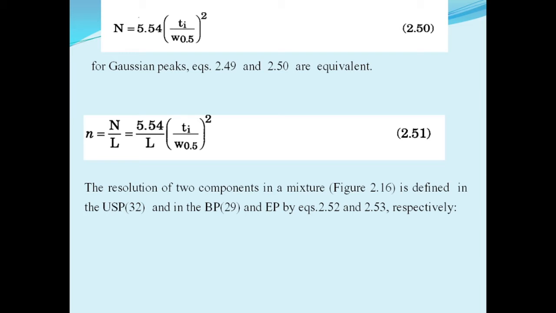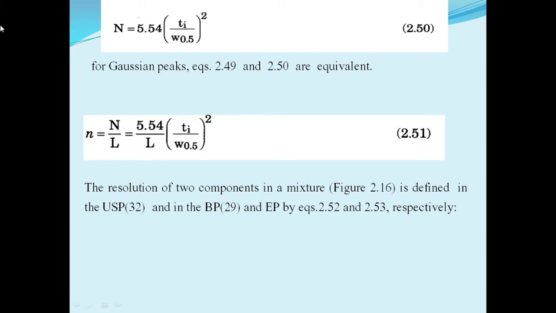The British Pharmacopoeia and the European Pharmacopoeia define the column efficiency in terms of the number of theoretical plates per unit column length, in plates per meter.